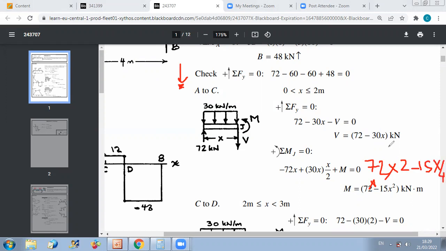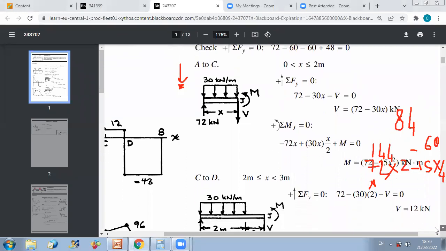So you get 144 minus 60. So you should have a bending moment of 84 at x equal to 2. Let us verify that we have obtained the same result using now x equal to 2 in the second equation.